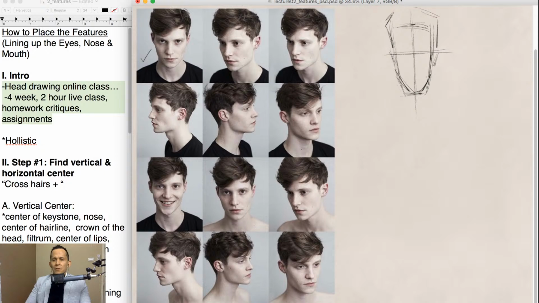So the vertical and horizontal center, I think we might have been familiar. So comment below if this is the first time you've heard this, the idea that there is a vertical and horizontal center. And in terms of proportion, they're actually important, not just for placing features, but proportionally, the vertical and horizontal center splits your face or your cranium into two even parts. Two even parts.